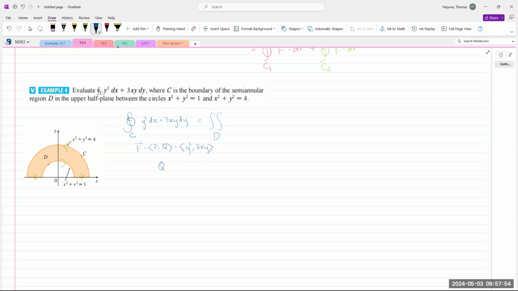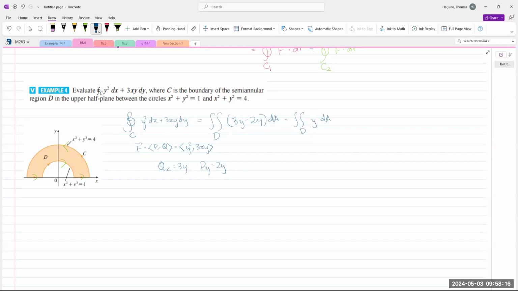So Q sub x will be 3y, and P sub y equals 2y.